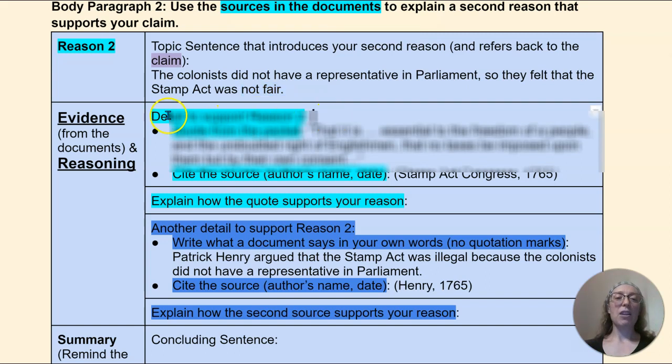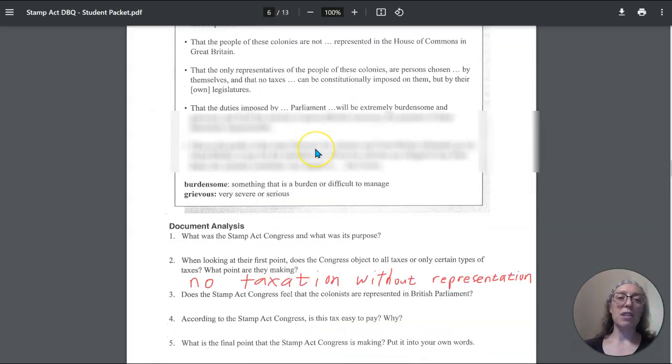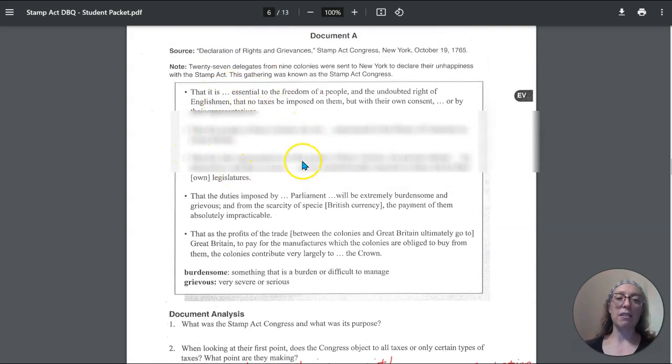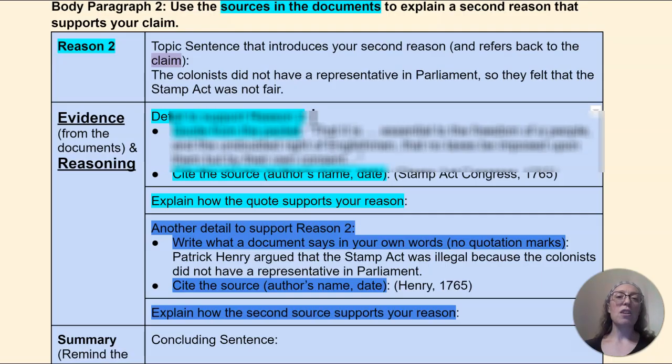So I'm ready to look at the detail to support reason 2. I have my quote from document A, from the Stamp Act Congress. I'm not going to tell you which one it is, but I will tell you it is one of these first couple boxes right here. Those 3 are all kind of what I could use to talk about representation in Parliament.